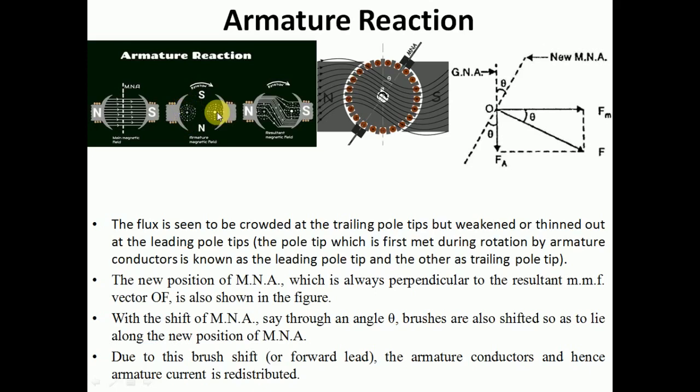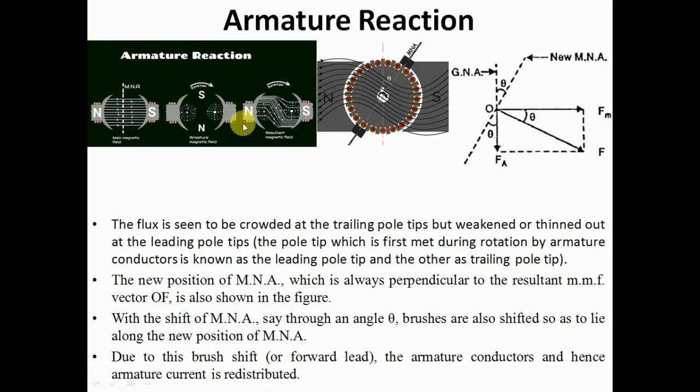Similarly, if you are looking at this conductor also, as the direction of current in this conductor is opposite, the magnetic lines of force are also in the opposite direction. At the top side of this conductor, the armature flux will be opposing the main flux, whereas at the bottom side of this conductor, the armature flux will be supporting the main flux.